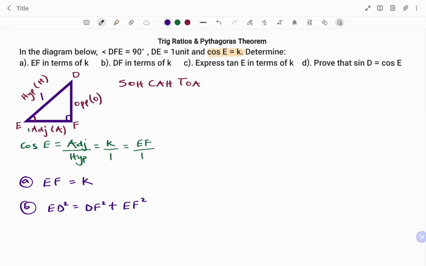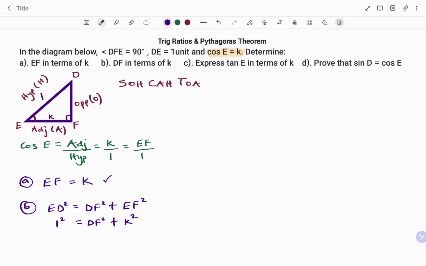ED squared is 1 from the diagram, so I have 1 squared is equal to DF, that's the missing side, DF squared, plus EF, EF from the diagram is K. That's what we got from the first part of the question, so we have that as K squared.